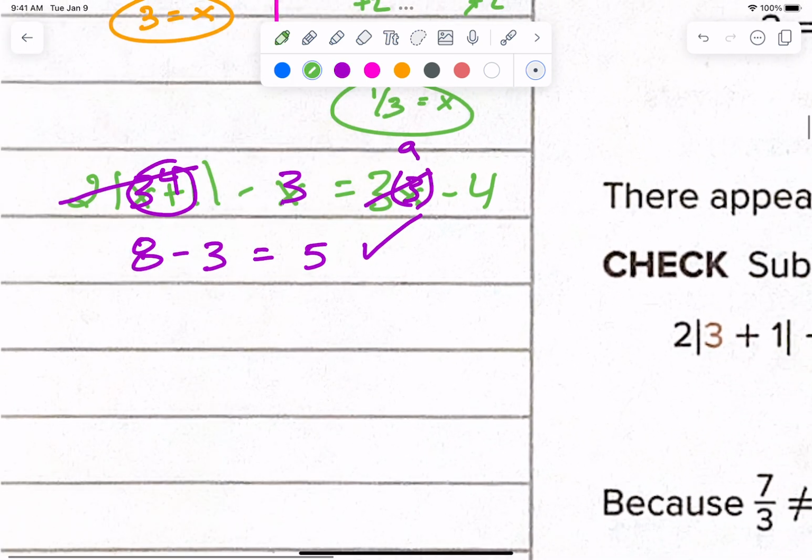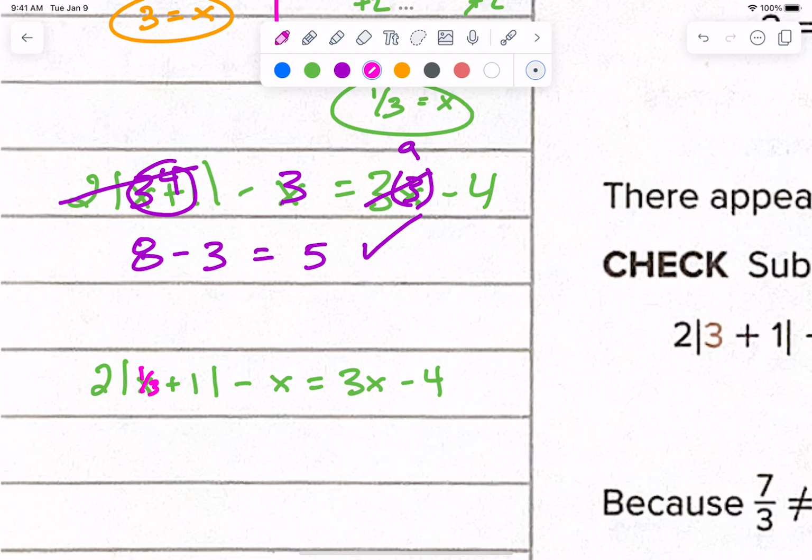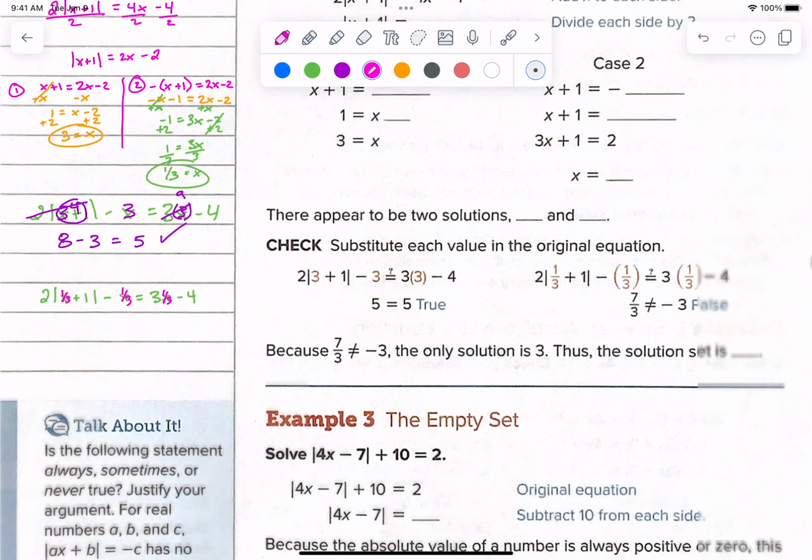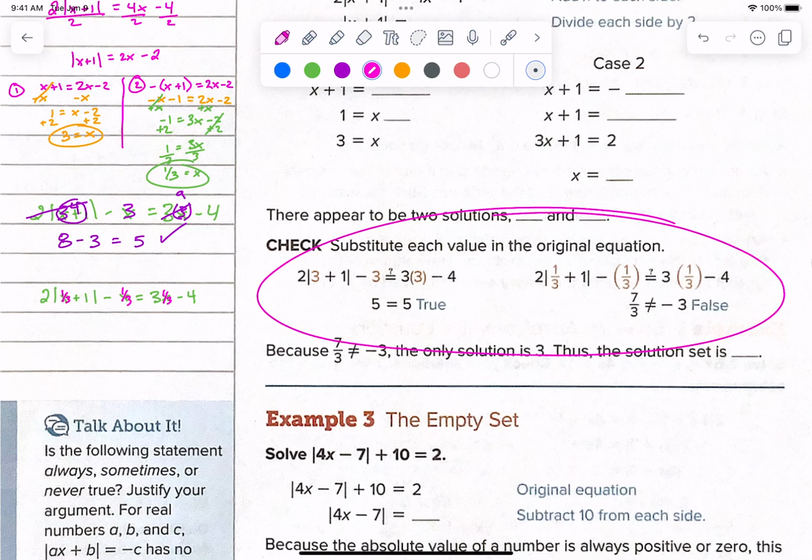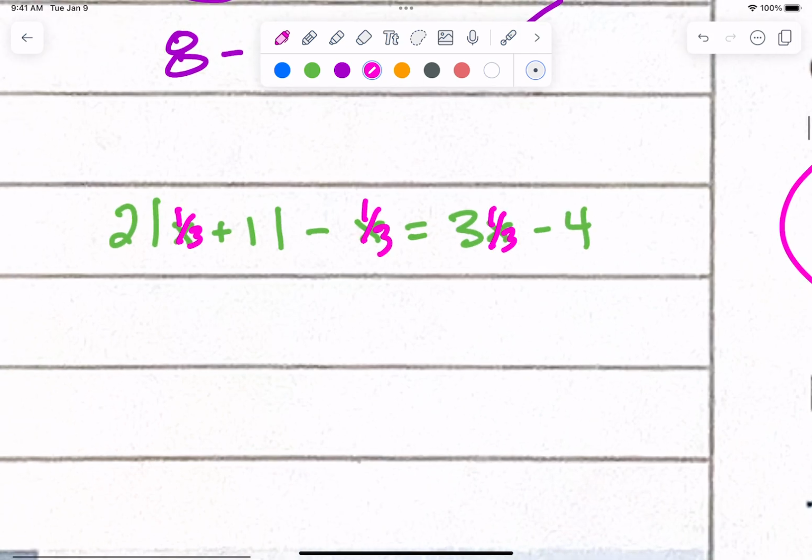All right, let's try the other one. The extraneous one's probably going to be this one. Minus x equals 3x minus 4. Let's put the 1/3 in there. We're on the check part right here. They have it written out for you, but I'm going through it myself. What's 1/3 plus 1? 1 and 1/3. What's the absolute value of 1 and 1/3? 1 and 1/3.